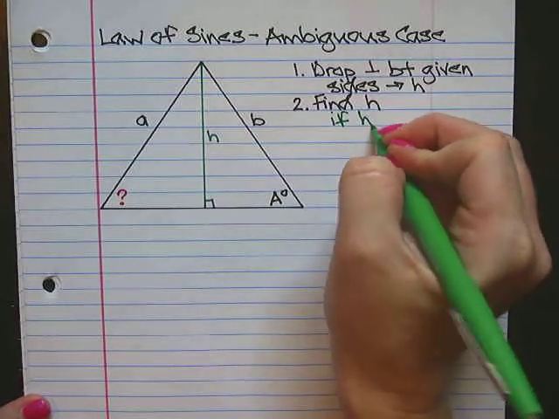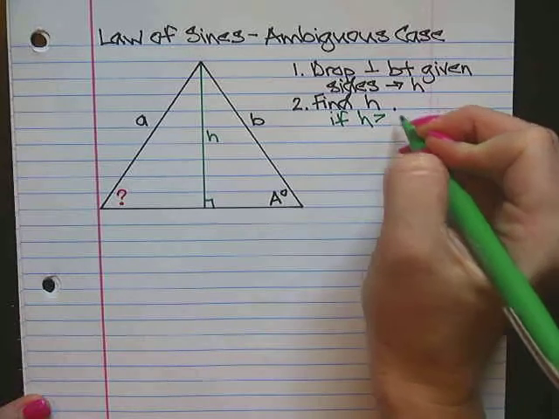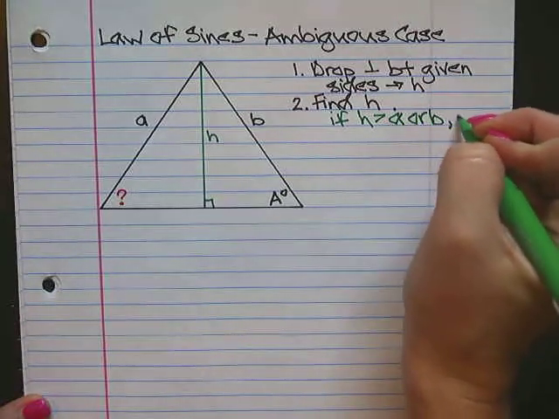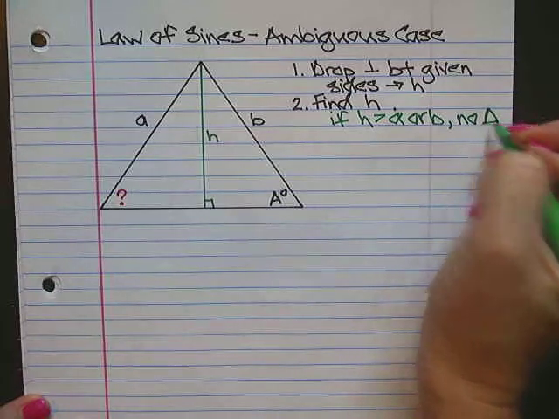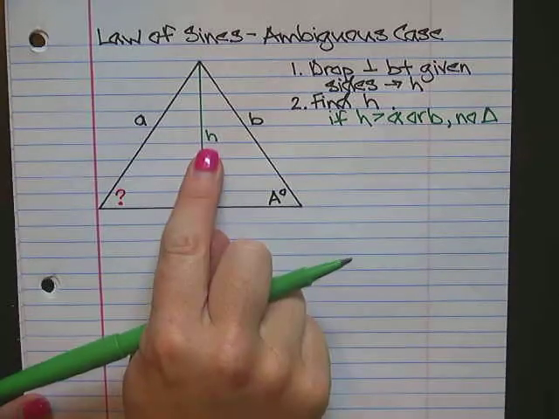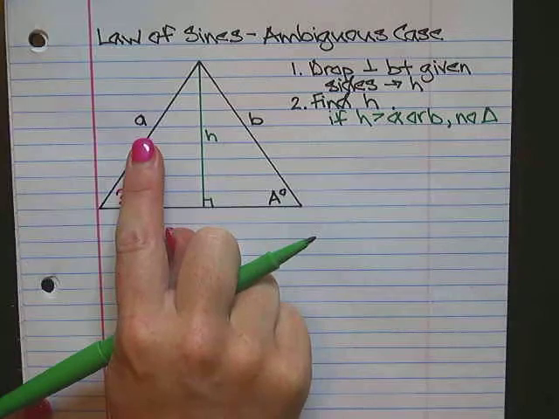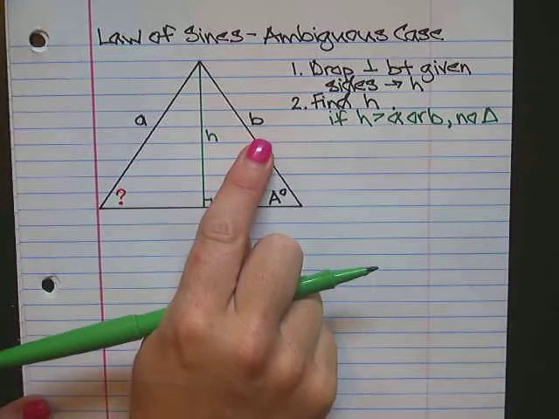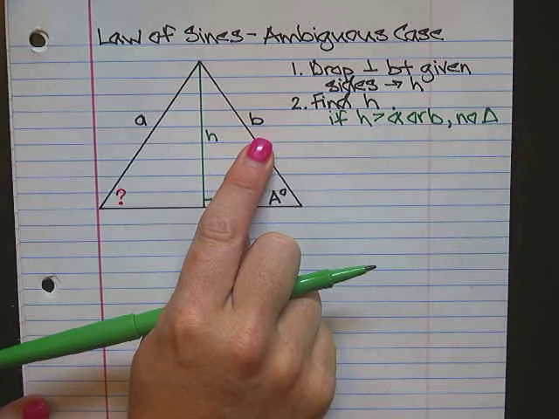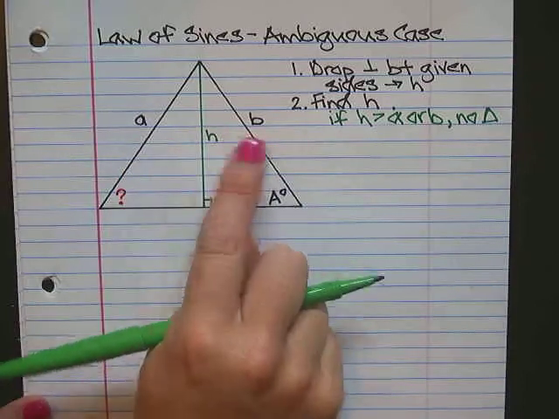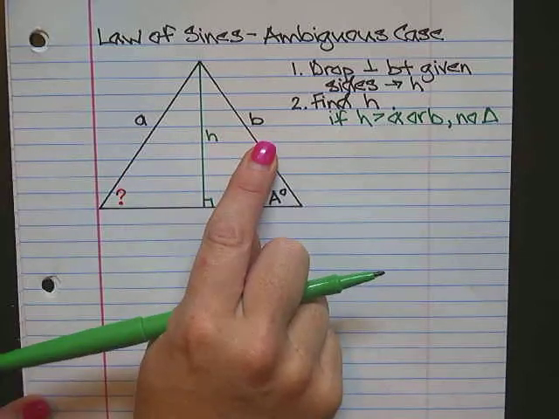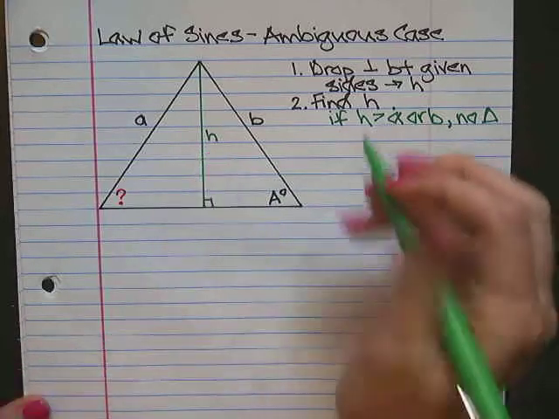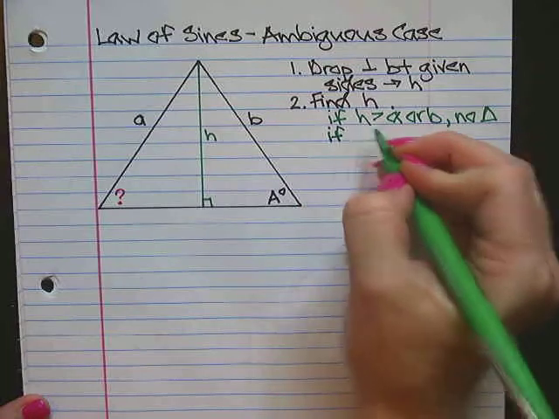So if H is larger than A or B, there is no triangle, because H is a leg and A and B are hypotenuses. Since those are the hypotenuses of right triangles where H is the leg, A and B must be larger. So if H is bigger than either one of them, there is no triangle.